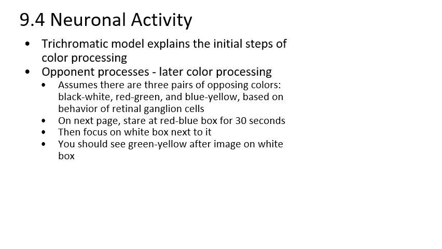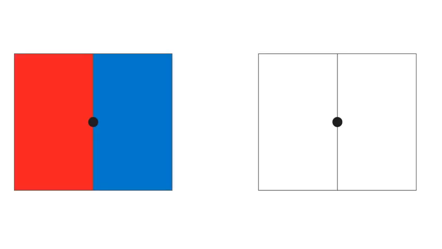On the next page, you can stare at the red-blue box for 30 seconds, and after you do that, focus on the white box next to it, and you should see a green-yellow afterimage on that white box. If you want to try this, go ahead and pause your video and stare at the colored box for 30 seconds, and then stare at the white box, but I'm going to move on.